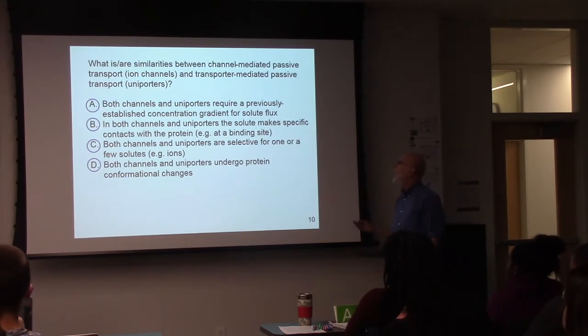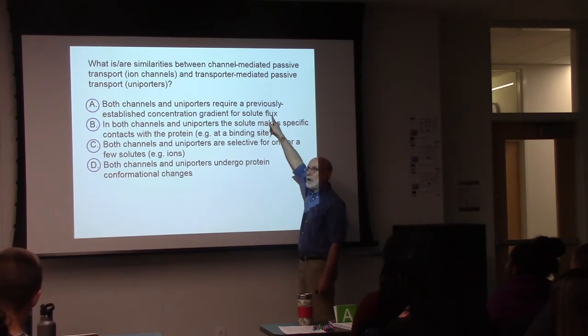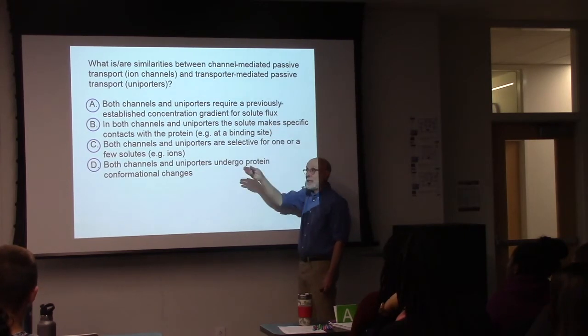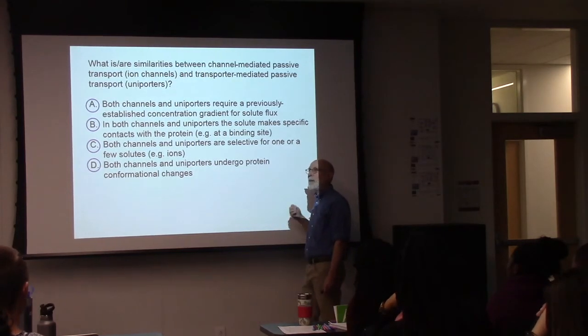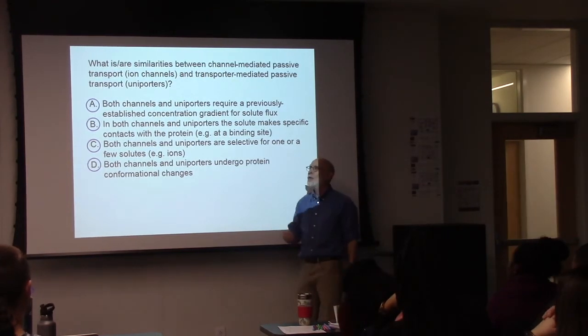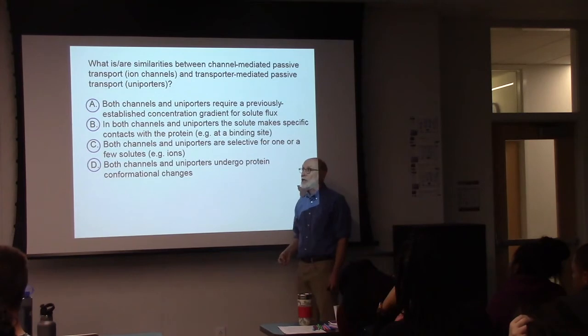The only way for there to be flow or flux through one of these transporters is for there to be a concentration gradient, because they're both passive. So the only way for an ion to get meaningful flow through a channel or a uniporter is to flow down its concentration gradient.